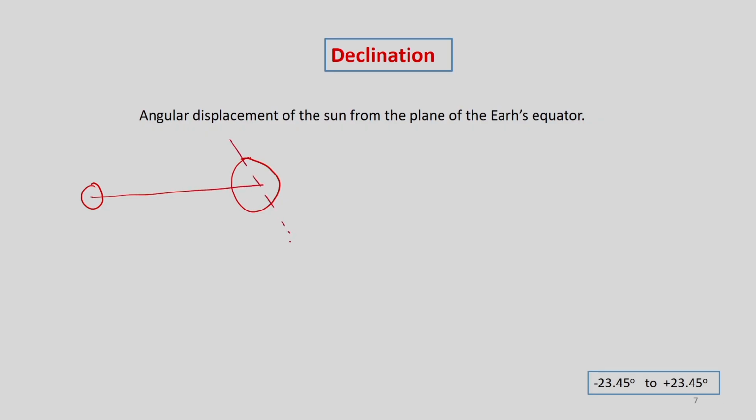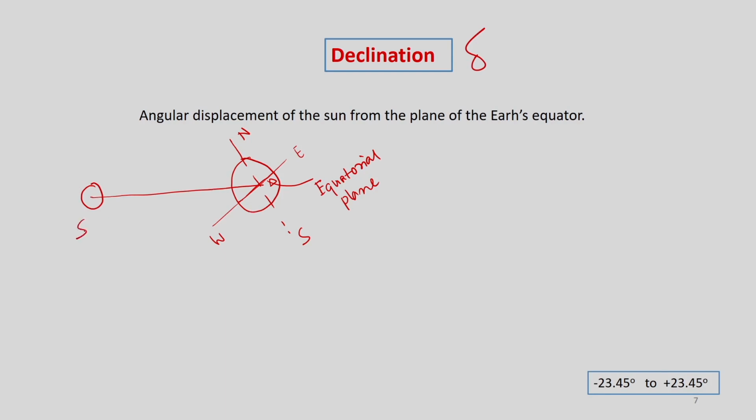We will draw north and south, and of course east and west here, and this is the equatorial plane. This is the equatorial plane, and we have to define declination delta.